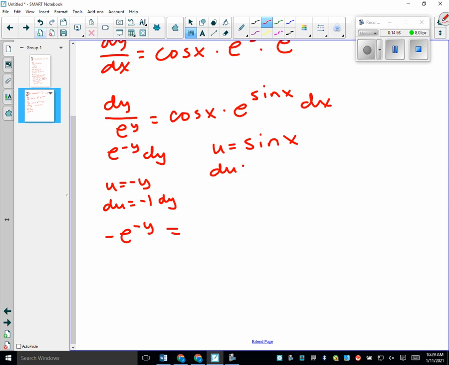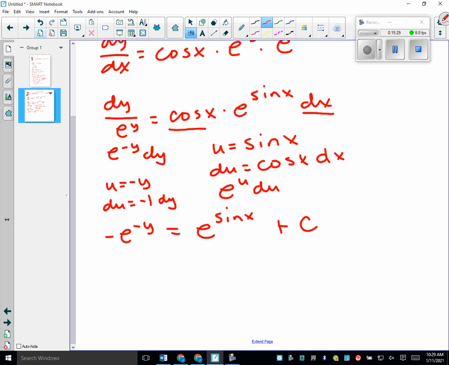So what is du? Cosine x dx, which gives me this piece and this piece, doesn't it? So I actually have e to the u du. What's the antiderivative? e to the u. So this is equal to e to the sine x plus c.